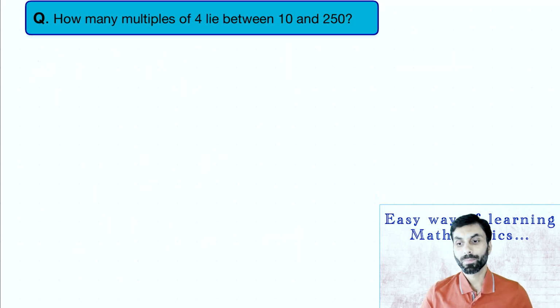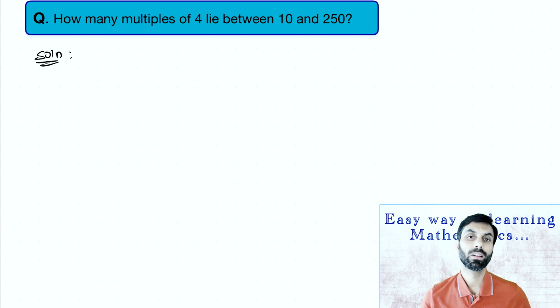The next question is, how many multiples of 4 lie between 10 and 250? To solve this type of question, we need to read the question very carefully, because sometimes the question will be between two numbers, sometimes it will be from a number x to a number y.